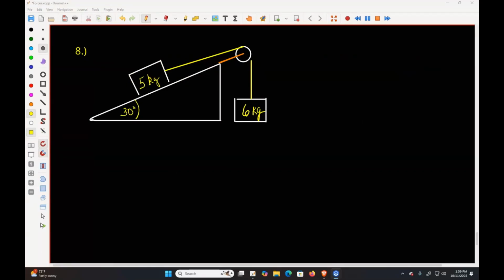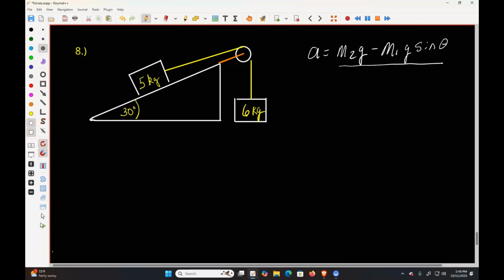We have a ramp elevated at a 30-degree angle. We have a 5-kilogram mass on it. It's attached to a 6-kilogram mass overhanging. Let's solve for the acceleration of this. Okay, earlier we derived the formula that acceleration is equal to mass 2 times gravity minus mass 1 times gravity sine theta, divided by m1 plus m2.